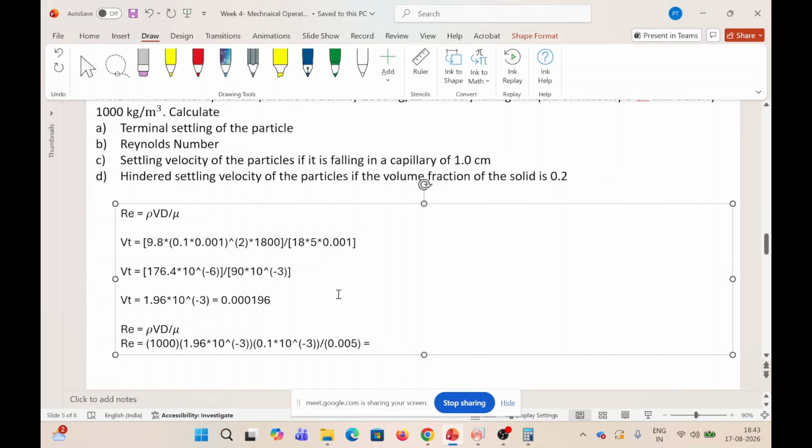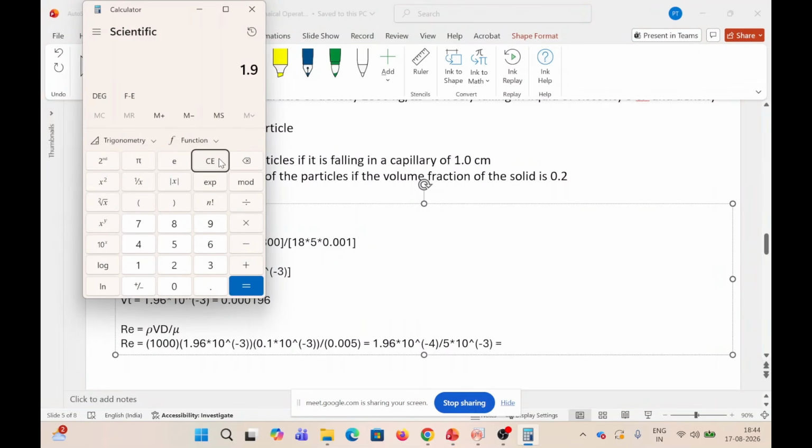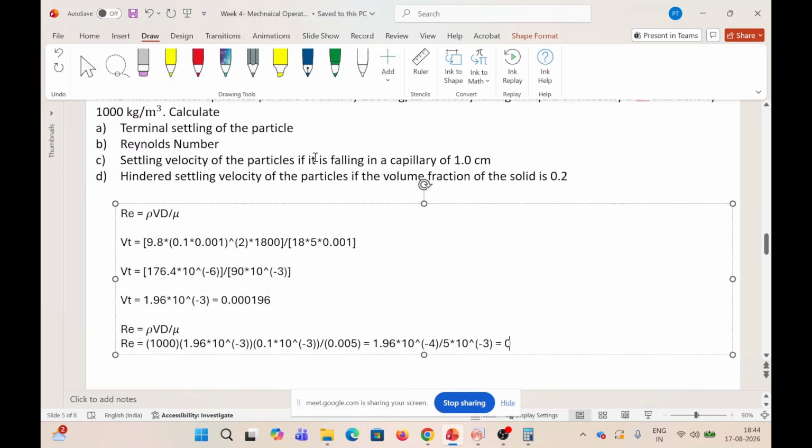So what would be the value? So 1.96 times 10 to the power minus 4 by 5 times 10 to the power minus 3. So that would be 1.96 divided by 5.392 times 0.1.